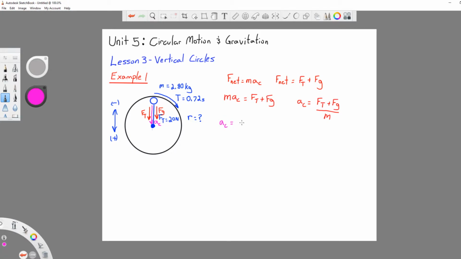AC is equal to force of tension. The minimum force of tension at the top is, it told it to us, there it is, 20 newtons. Plus the force of gravity. Well, we have a mass of 2.8 kilos. And we're going to multiply that by 9.81 meters per second squared. And we can divide that whole value by the mass again, 2.8 kilos.